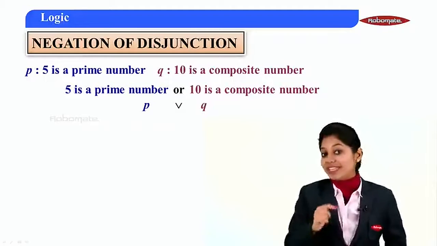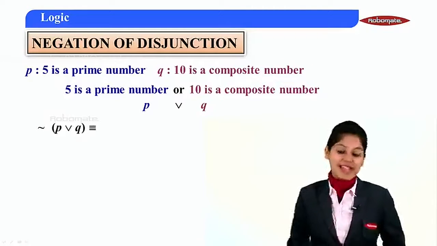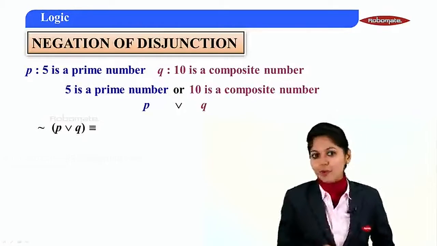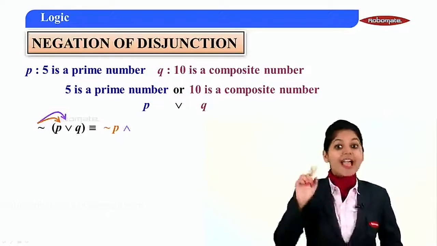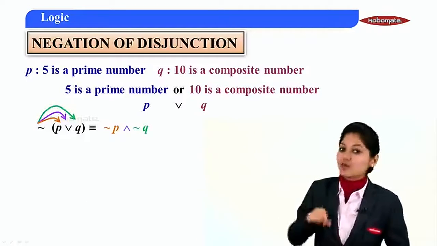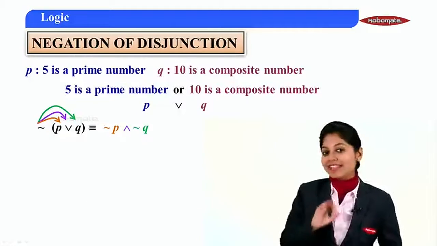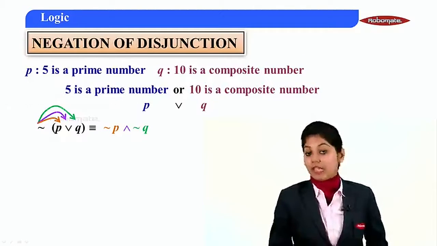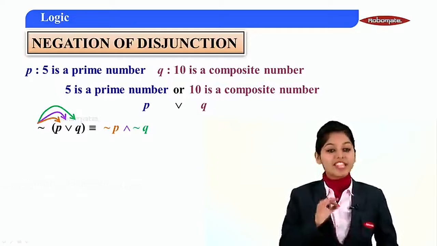Now class, what we need is its negation, and therefore we will apply negation to this bracket. And what do we obtain? Negation P and negation Q. Can you observe that very well? And therefore we have obtained the symbolic form for the negation. The last step is to find the statement.